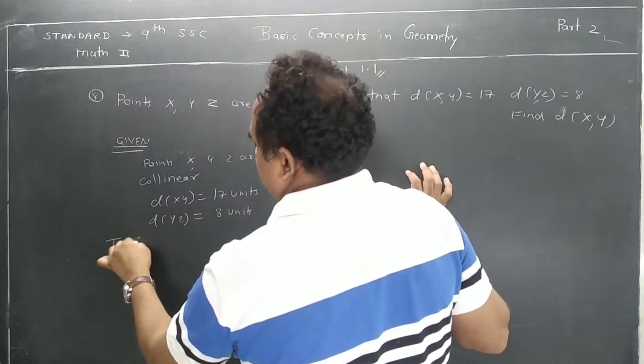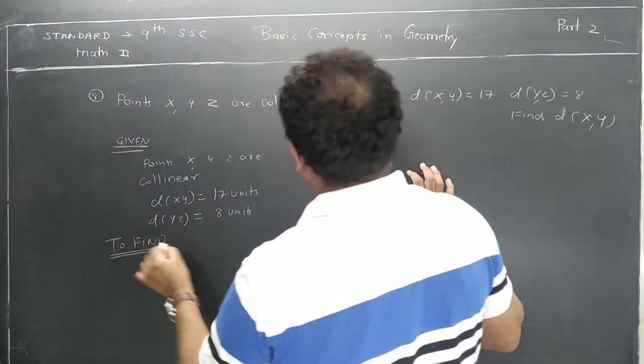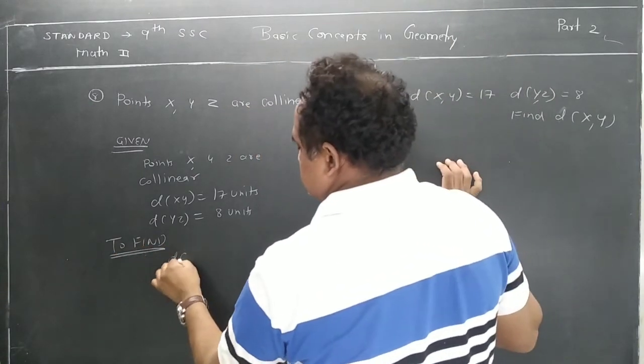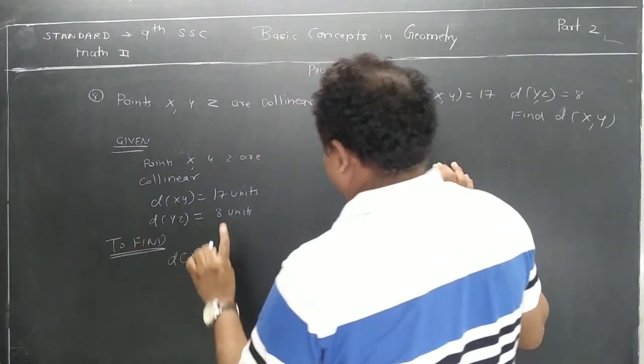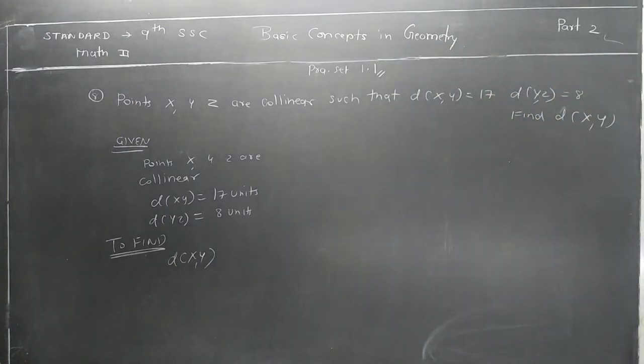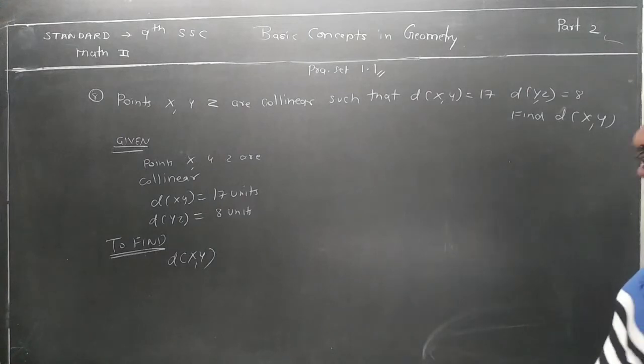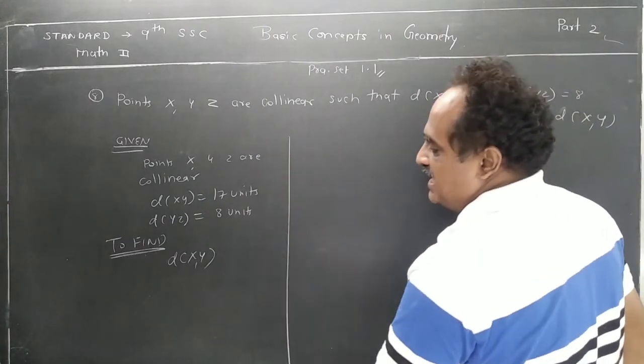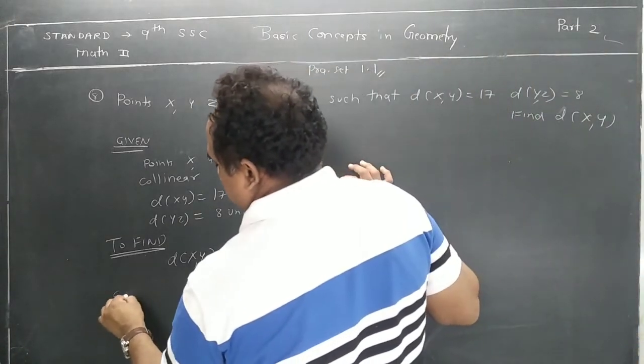And what to find? Distance XY. But they have not mentioned considering all possibilities, so we are going to write that there are two possibilities.